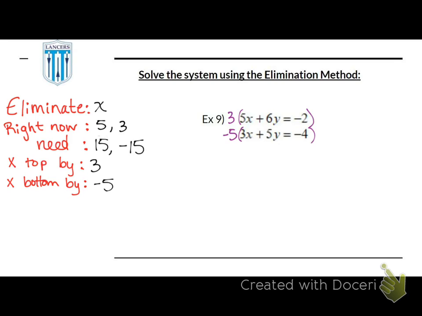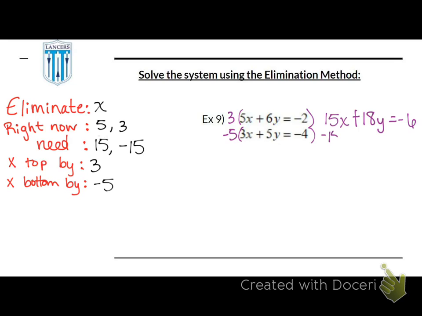So, when I multiply the whole top equation by a 3, I know I have 15x. What about the y? Plus 18y equals negative 6. I multiply the whole bottom equation by a negative 5.